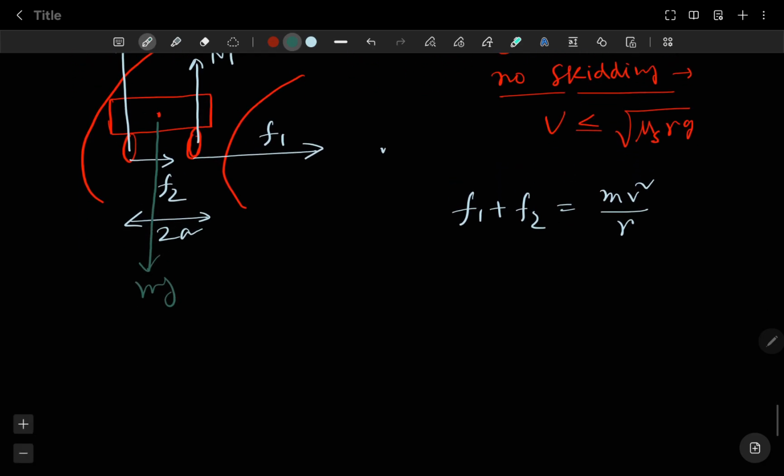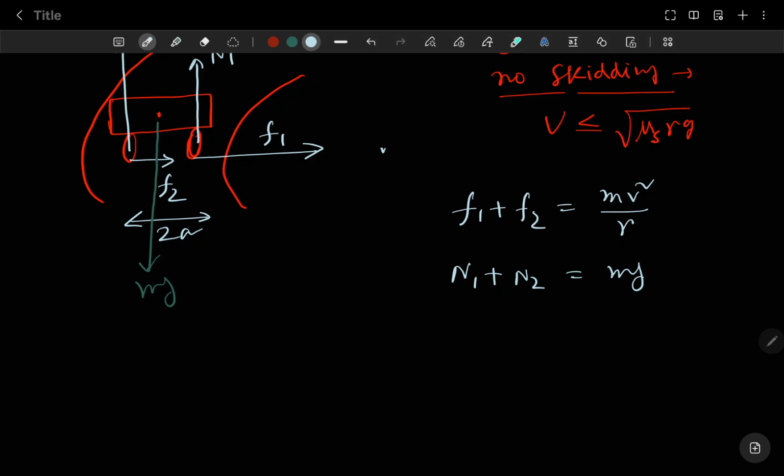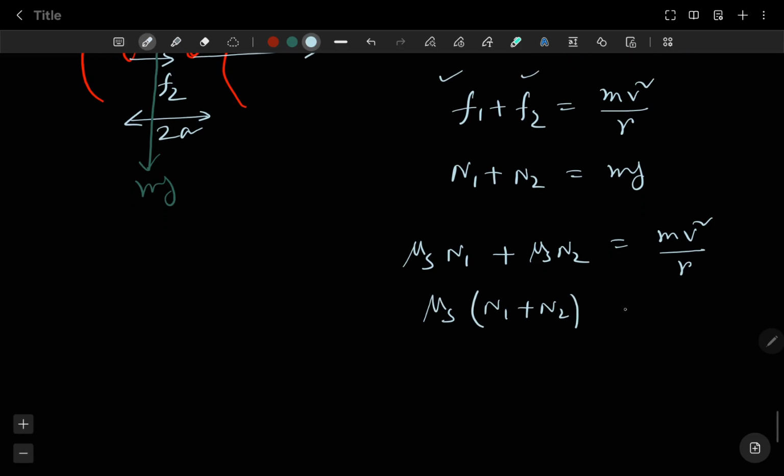So N1 plus N2 will obviously be mg. Fine. So we can obviously write, if we take these frictions to be limiting frictions, then mu s N1 plus mu s N2 is mv square by r. So obviously mu s into N1 plus N2 is mv square by r.